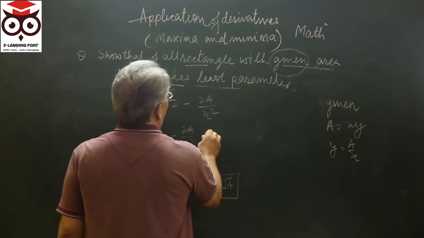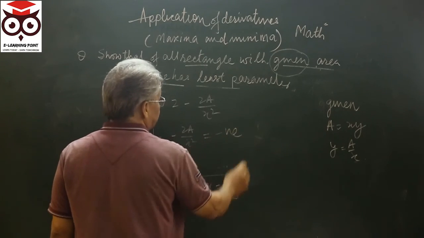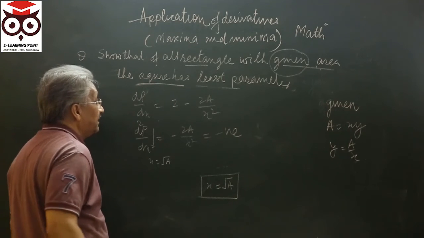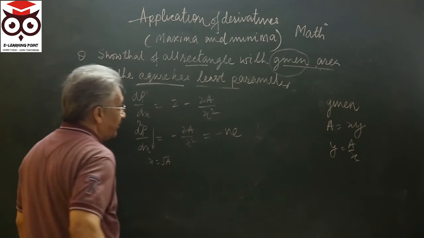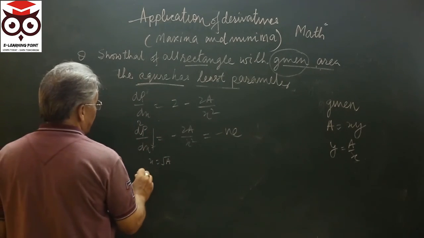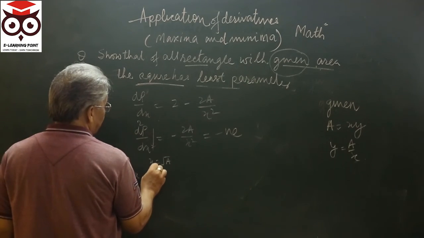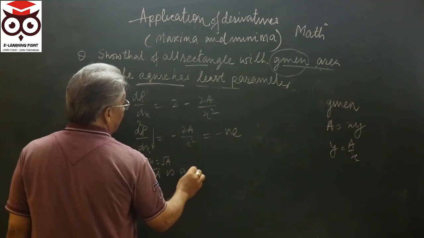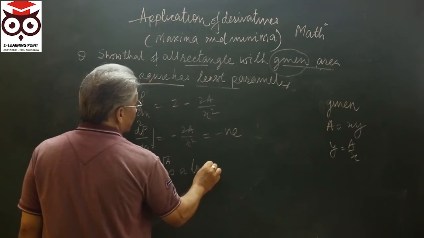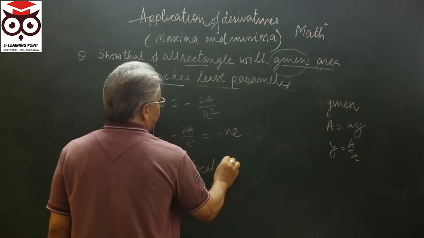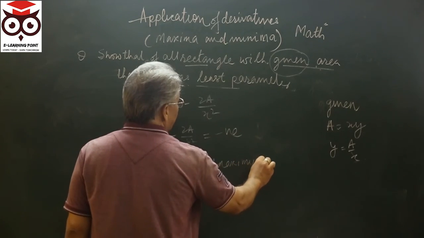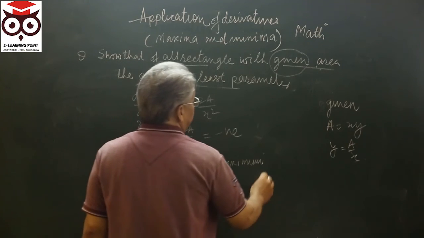It is always positive. So it is nothing but a point of local minimum. So x is equal to root a is a local minimum point.